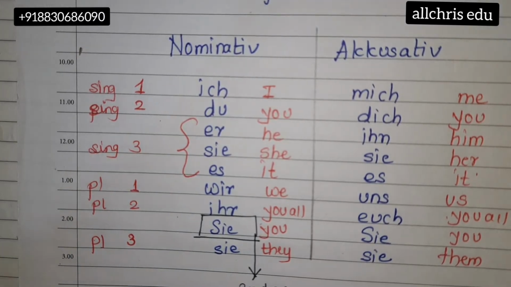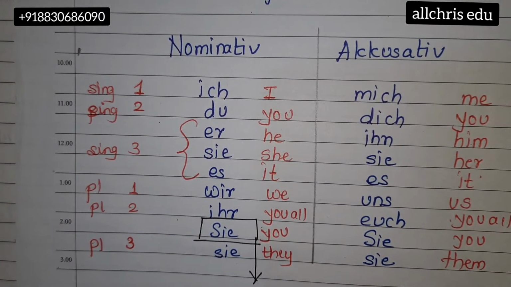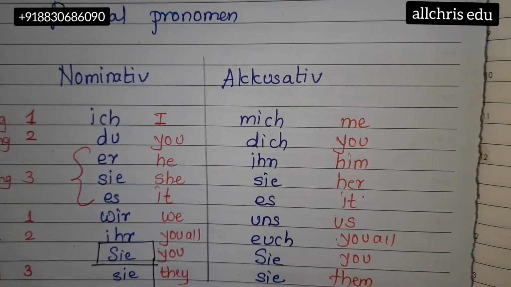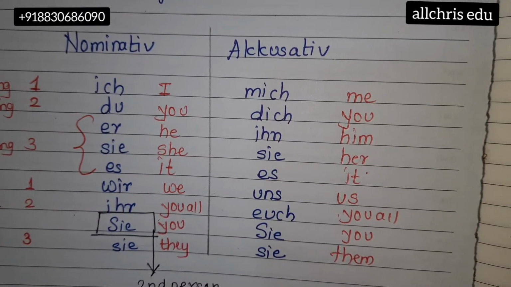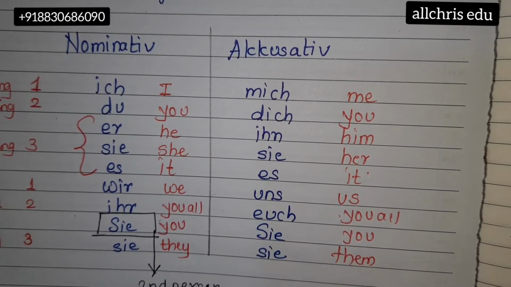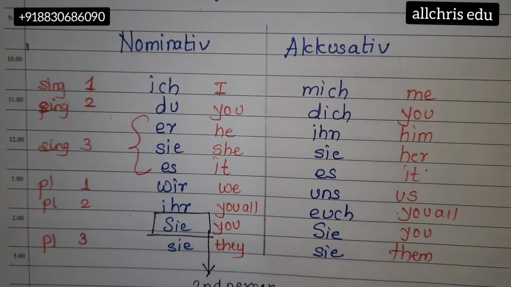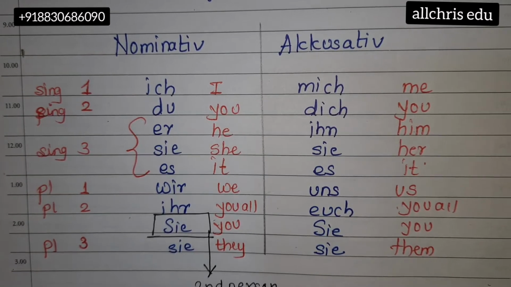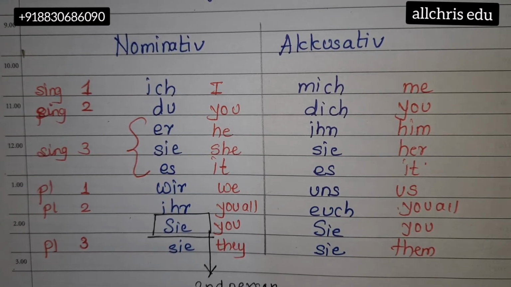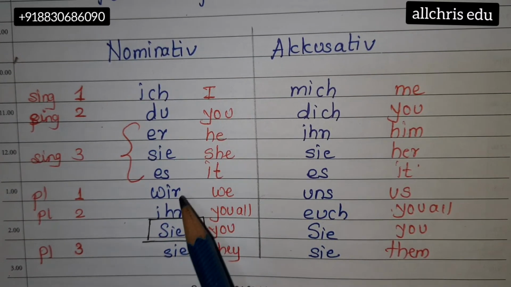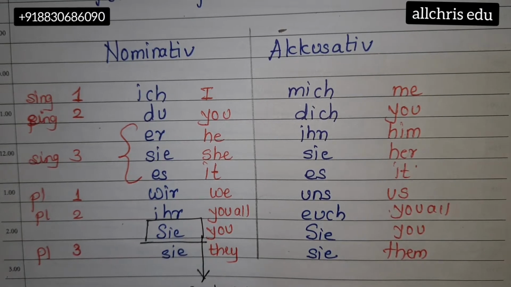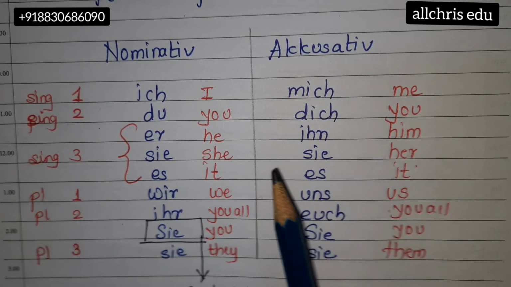So as you have already watched the previous video and come back to this video, this video talks about the accusative column. The first column is nominative, that is ich, du, er, sie, es, wir, ihr, sie, Sie, with the meanings written in English in red pen.